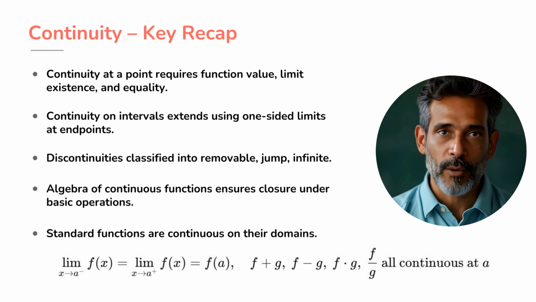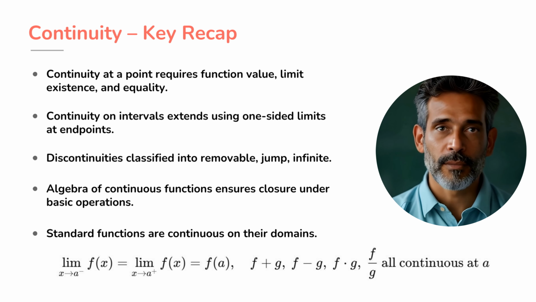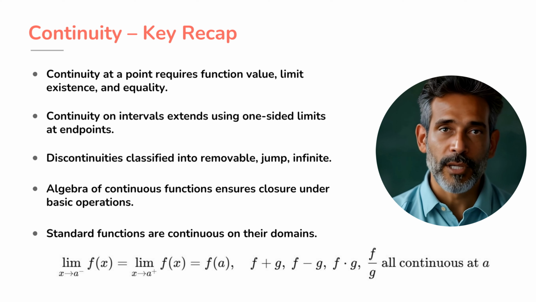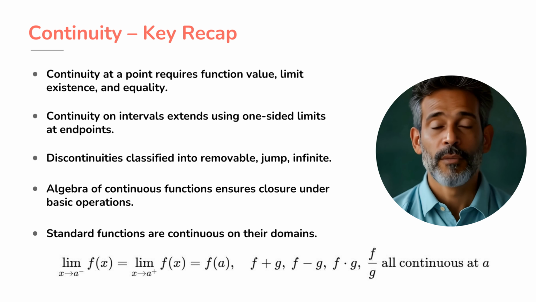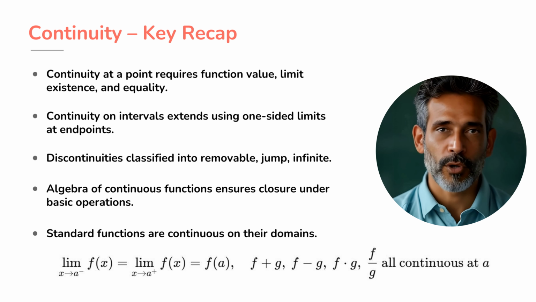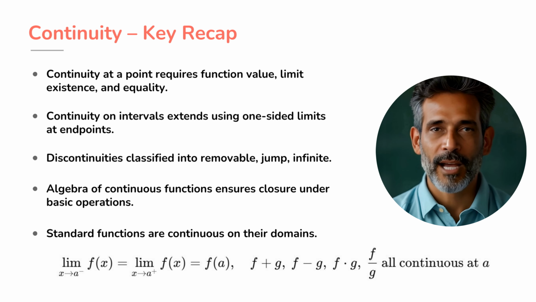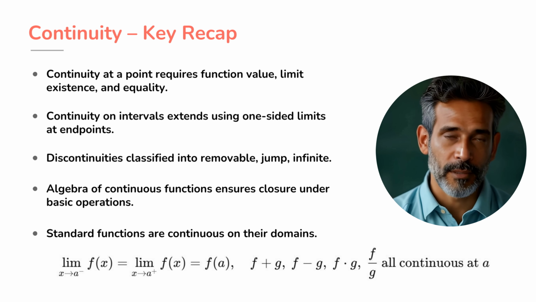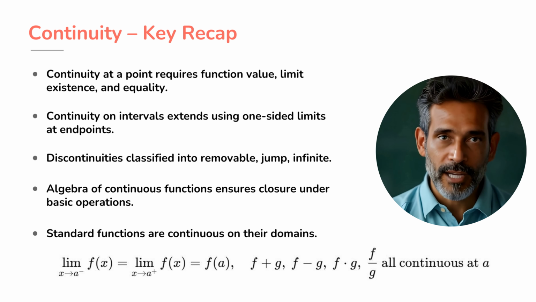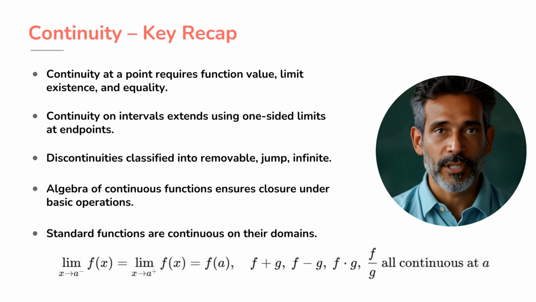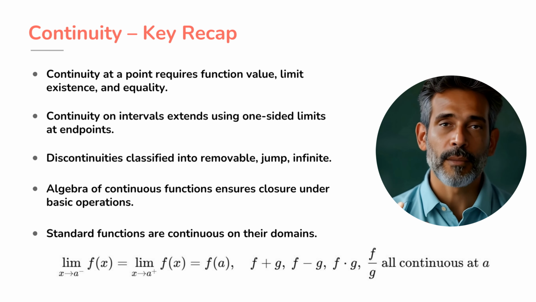Let's quickly wrap up what we covered today. Continuity at a point needs three things: the function must be defined, the limit must exist, and the limit must equal the function value. On intervals, one-sided limits handle the edges. Discontinuities come in removable, jump, and infinite varieties. And continuity is preserved under algebraic operations and composition.